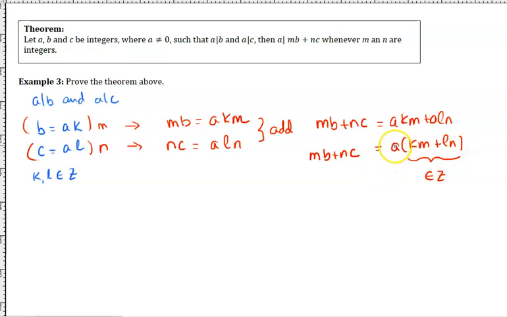So because A times an integer equals MB plus NC, then by the definition of divisibility, A is going to divide MB plus NC. All right, good. So that proves this theorem right here.